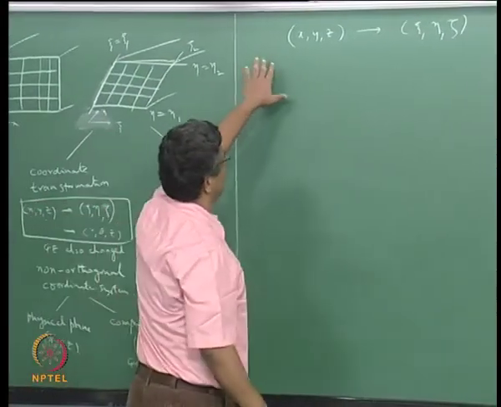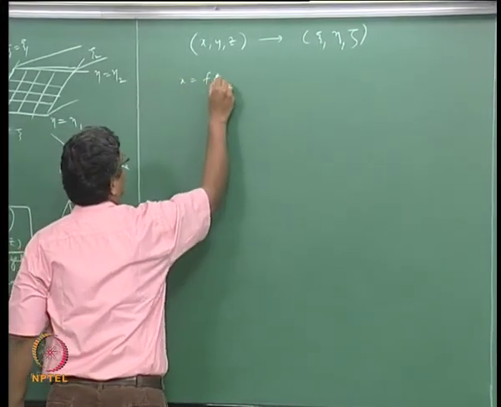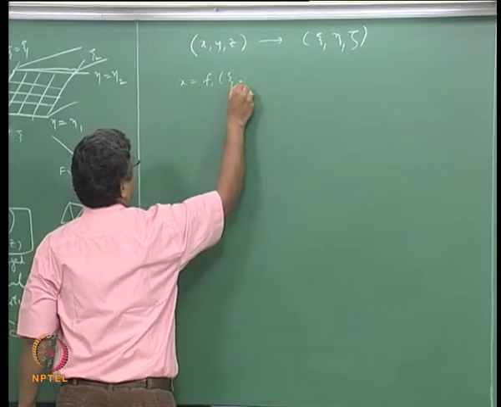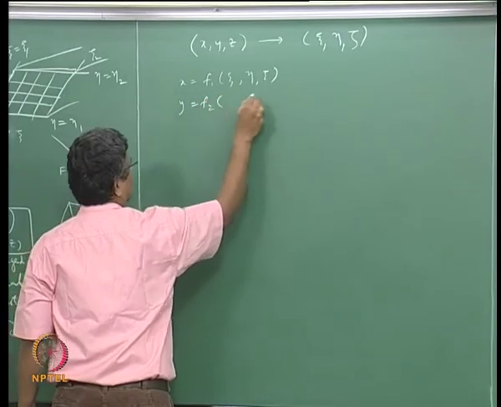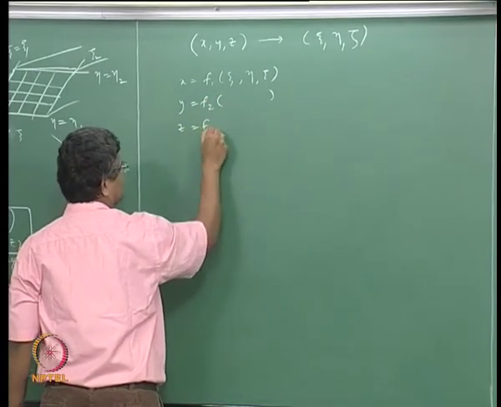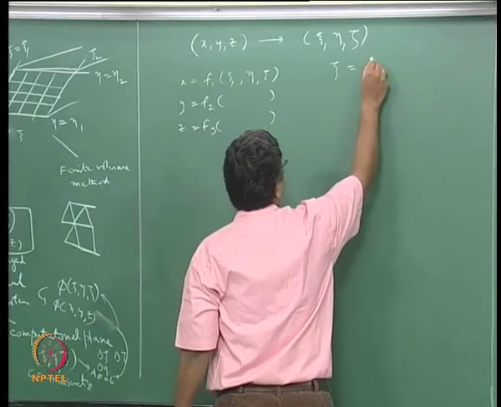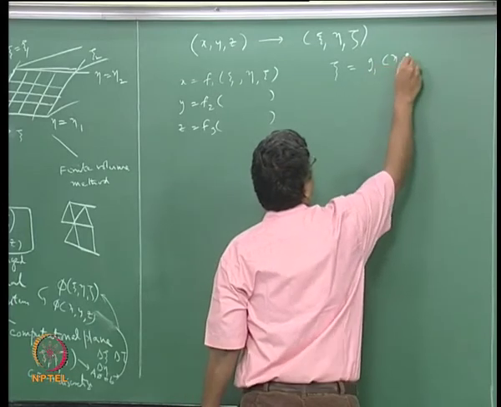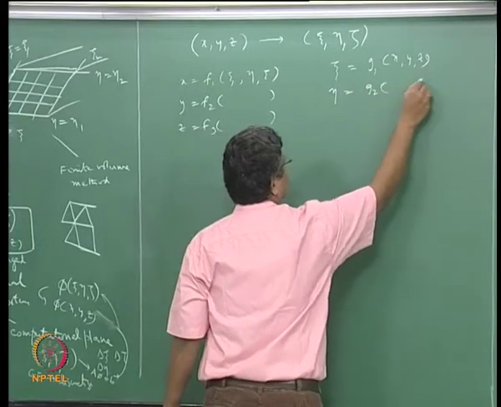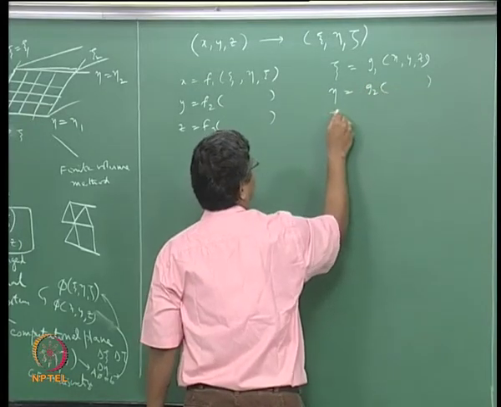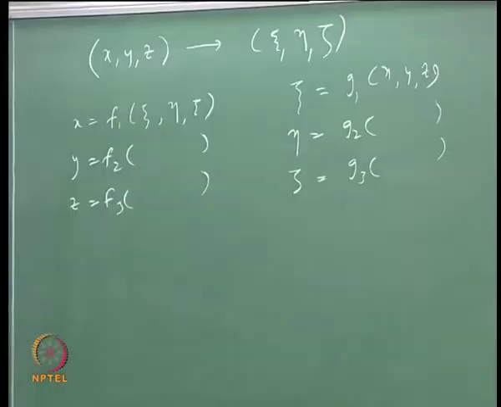We notice that because of this, x is a function of psi, eta, zeta, and y is also a function of this, z is also a function of this, and similarly psi is a function of xyz, eta is a function of xyz, and zeta is also a function of xyz in the general case.